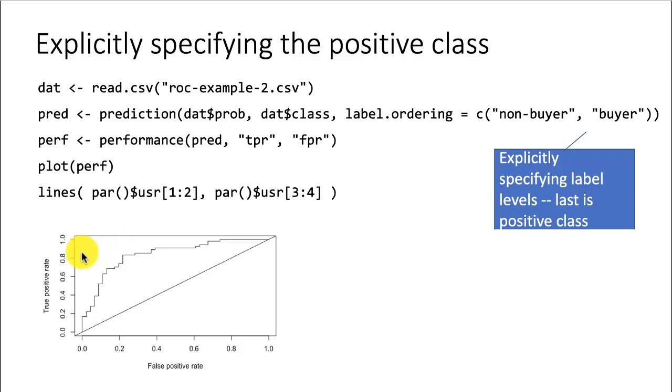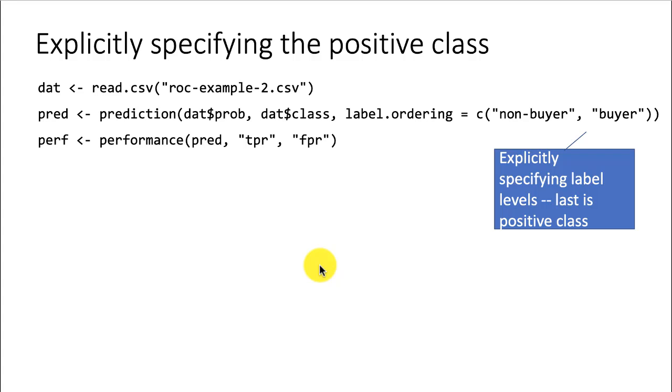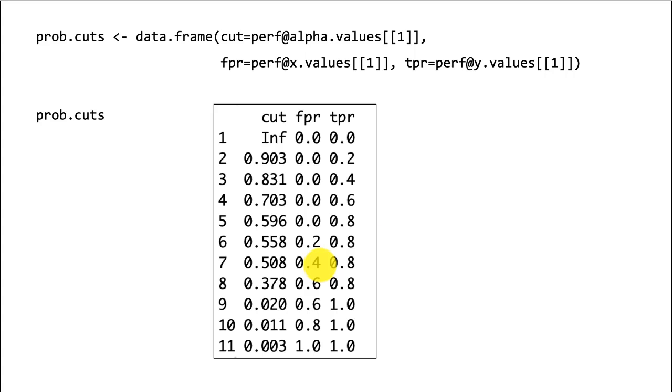To generate the prob.cuts object, you execute this line of code exactly like this, with no need to change anything. Then you examine prob.cuts, find the TPR and FPR combination, look at the corresponding cutoff probability, and use that as your cutoff.